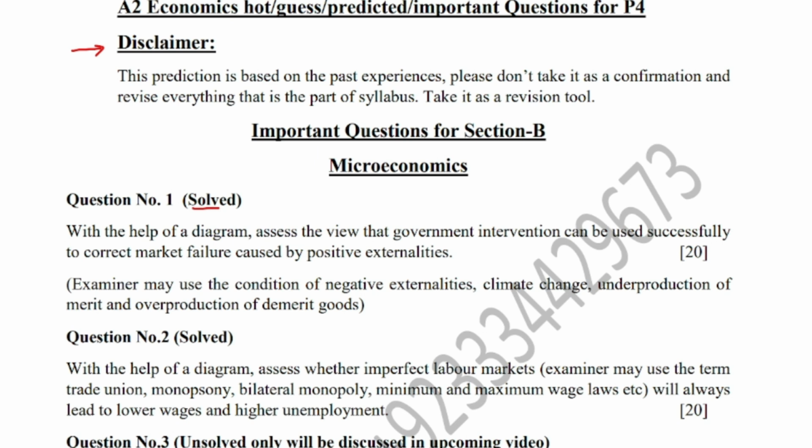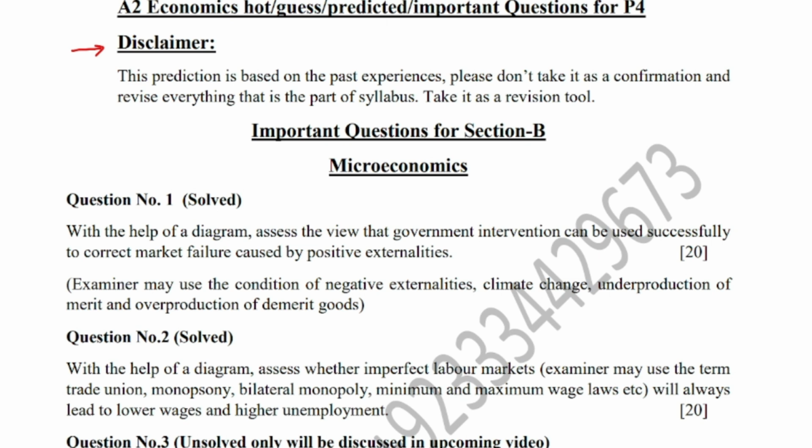What other terms for this question can be used by the examiner? The examiner may use the condition of negative externality, climate change, underproduction of merit goods and overproduction of demerit goods. So keep in mind, answers to these questions will use exactly the same content.